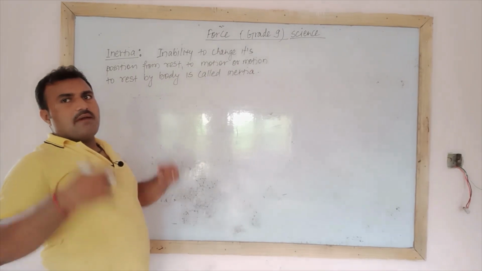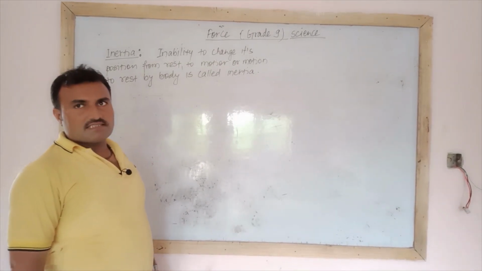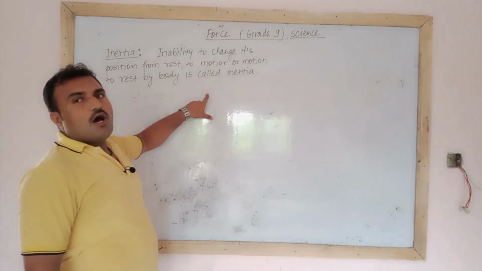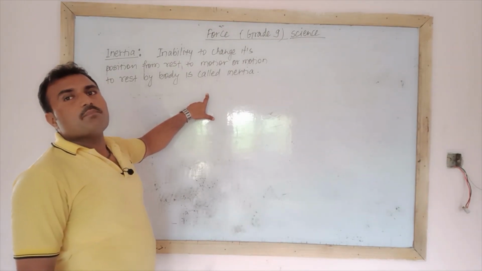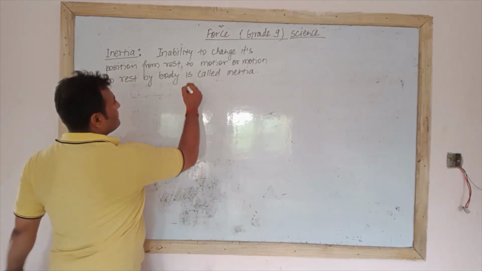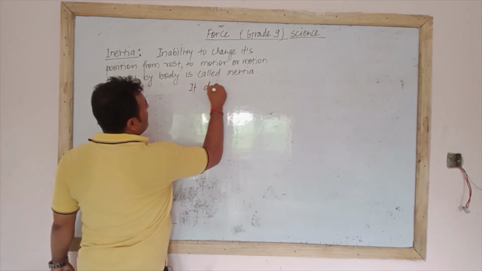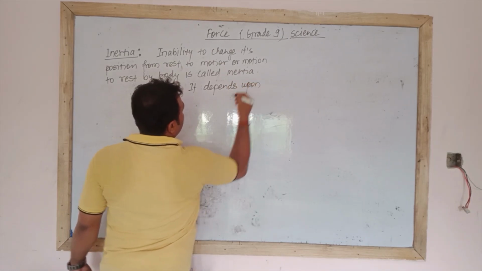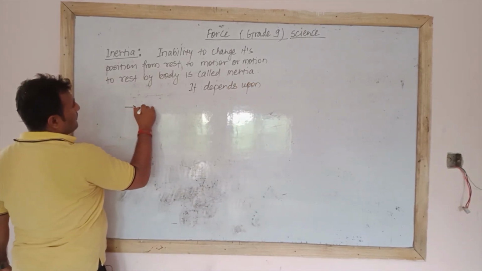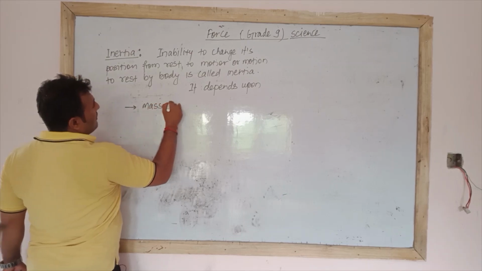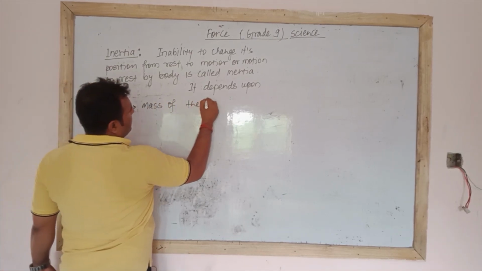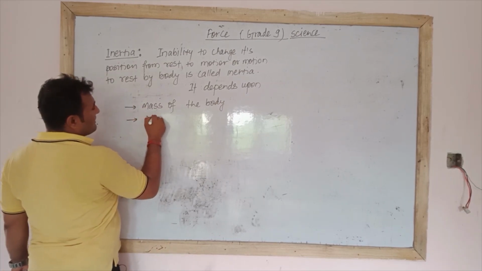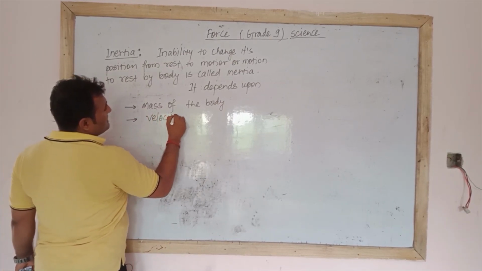Inertia is present in every body which has mass. The inertia present in a body depends mainly upon two factors: the mass of the body, and another most important factor, the velocity of the body.